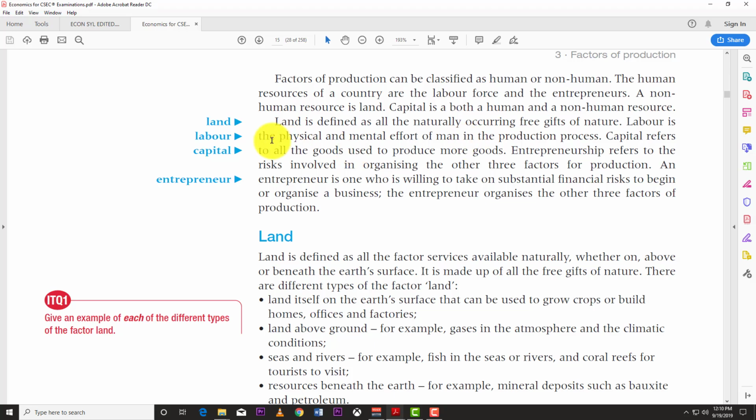And here they say physical and mental. That means labor is not just using your hands only. It's not just the farmer in the field plowing. It's not just the contractor on the roof using a hammer. No. Labor also includes the mental effort. For example, doctors use their knowledge, mental effort, to diagnose patients and stuff like that.